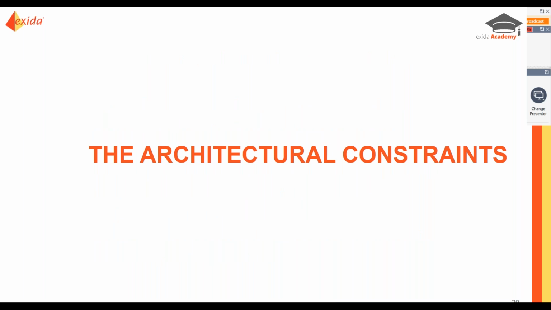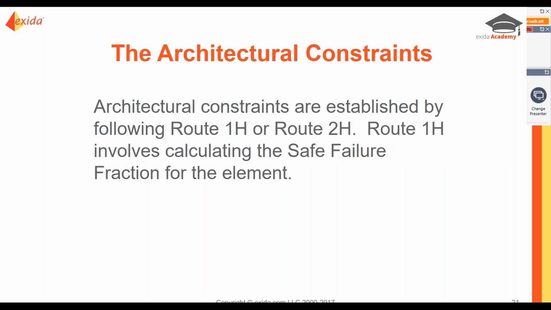The next circle is the architectural constraints, and this is applied by following either Route 1H or Route 2H from the standard, which is once again described in IEC 61508. Route 1H is by following the safe failure fraction.